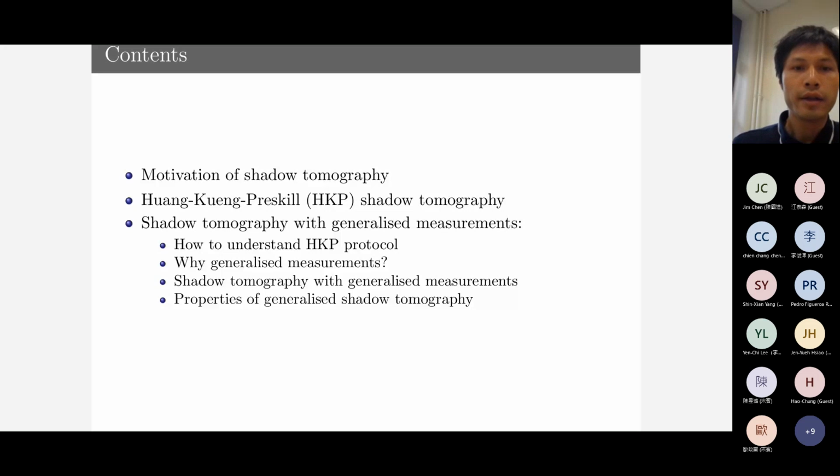And then I explain our attempt to understand this protocol, and I try to explain how the protocol could be understood in an easy way. And through this, I would explain why we need generalized measurements at all.